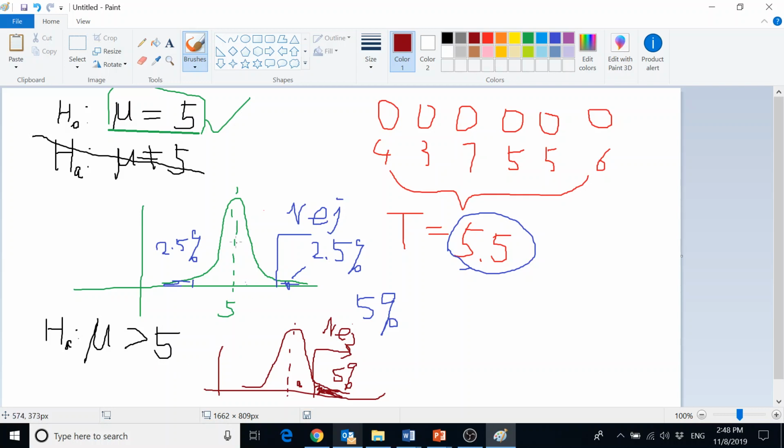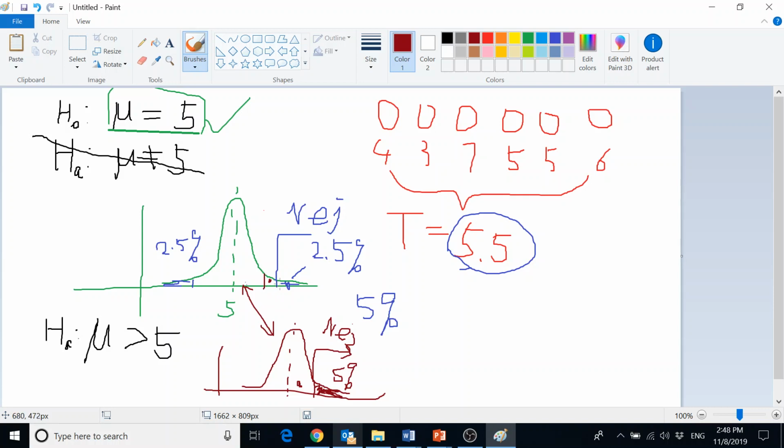Because the distribution of those two is exactly the same, there will be a situation, say if my 5.5 is just right here, where you fail to reject in a two-sided test but succeed in rejecting in a one-sided test.